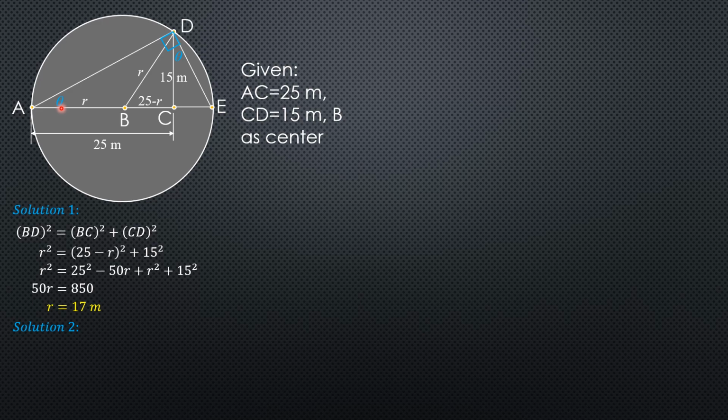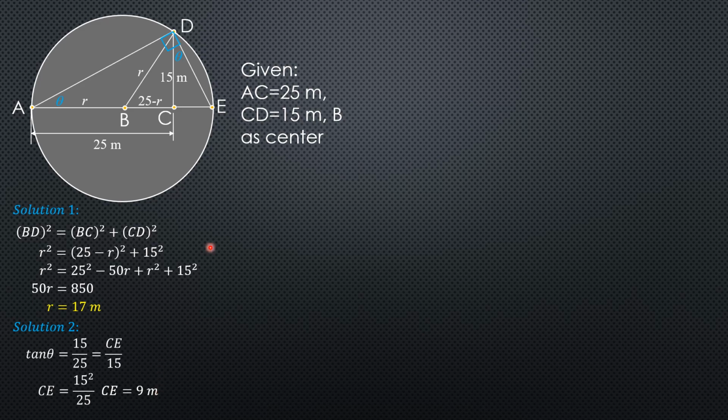So we define tangent theta in the bigger triangle ACD and tangent theta in the smaller triangle ECD. So tangent theta is 15 over 25 and tangent theta equals CE over 15. So 15 over 25 in this big triangle ACD is equal to CE over adjacent 15 in this smaller triangle, which is similar to ACD. So from here, we can solve for CE. 15 times 15 over 25, or 15 square over 25, and we find CE equals 9 meters.